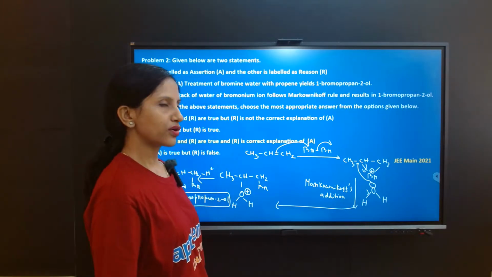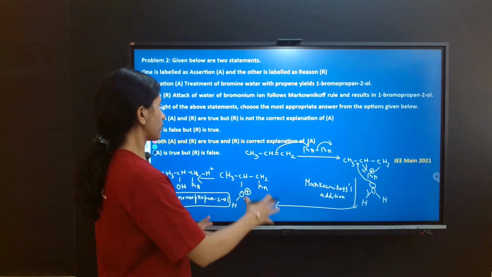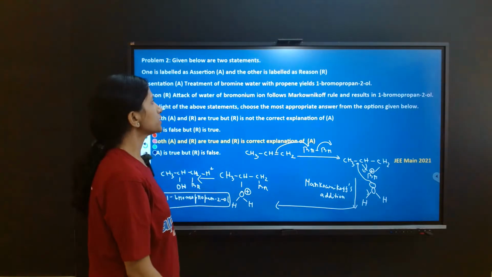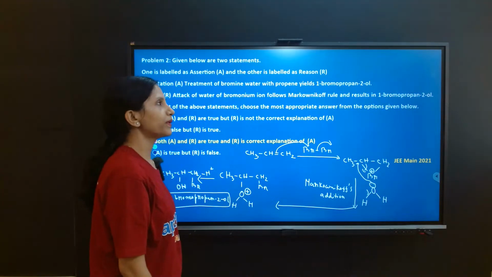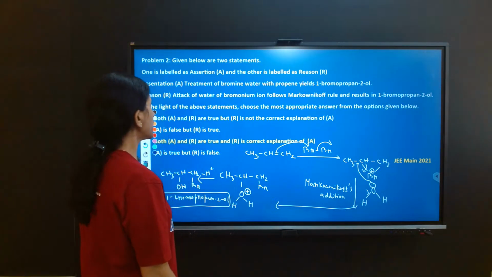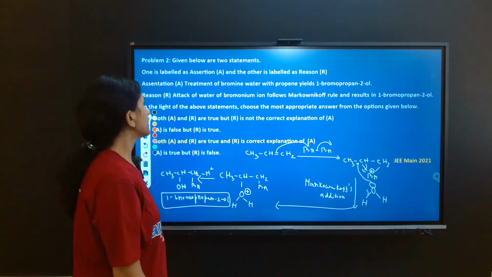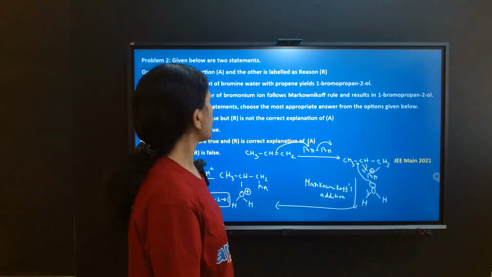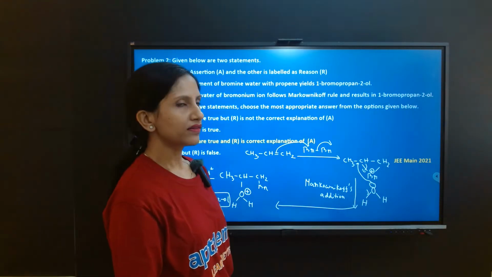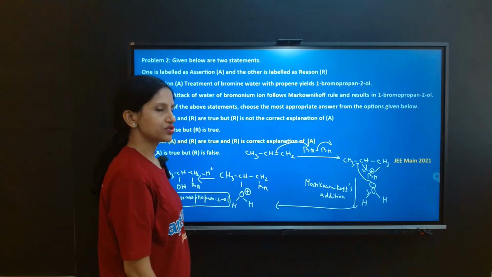So this is Markovnikov's rule, and from this reaction we can easily say that treatment of bromine water with propene is yielding 1-bromopropan-2-ol, and the reason, of course, is that attack of water on bromonium ion follows Markovnikov's addition rule and results in 1-bromopropan-2-ol.